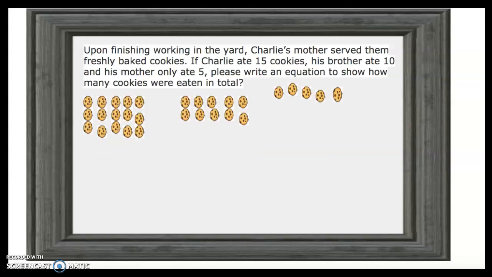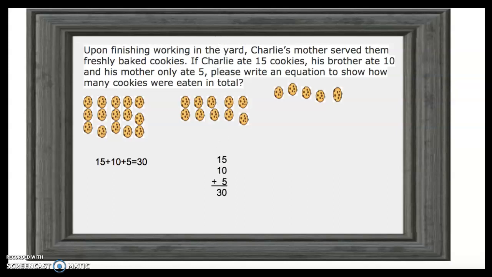Now, if we look at our picture again, here we have our picture of 15 cookies plus 10 cookies plus 5 cookies. We can add it in 3 different ways. So even though this is really easy and we can probably do it in our head, we need to keep this in mind for when we come across a hard problem. So I know that I could do 15 plus 10 plus 5 straight across and probably do it in my head.